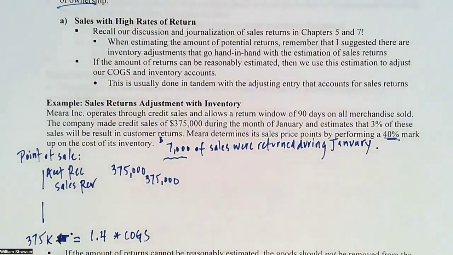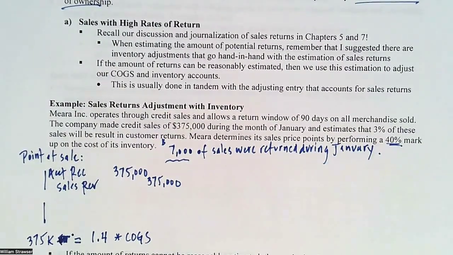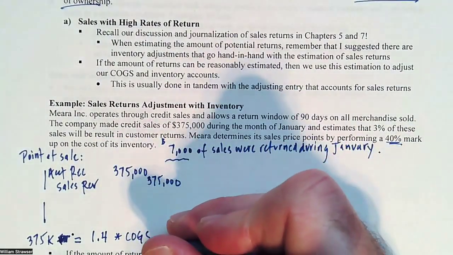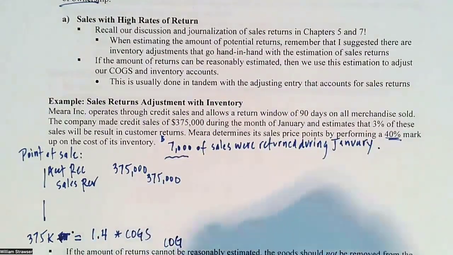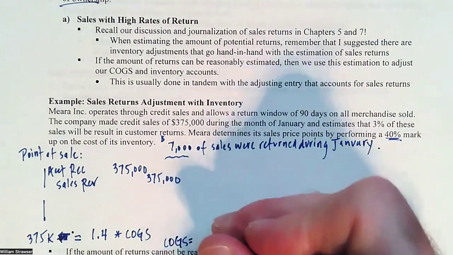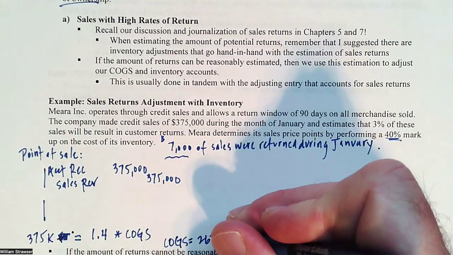So that doesn't come out to be a round number. I'll round it to the nearest dollar. So if I solve for cost of goods sold, just divide 375,000 by 1.4. Cost of goods sold is 267,857.